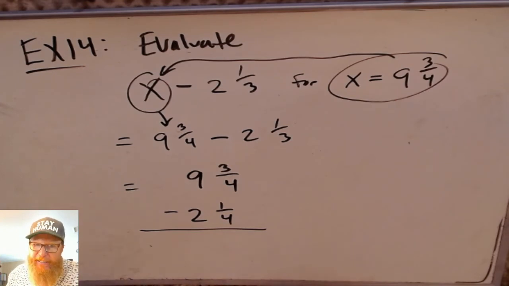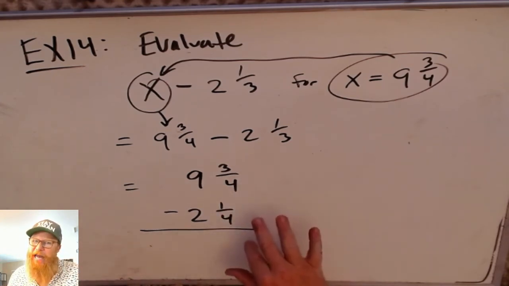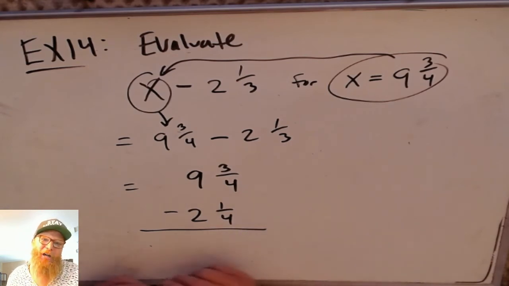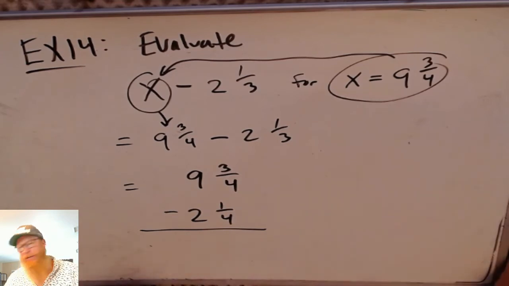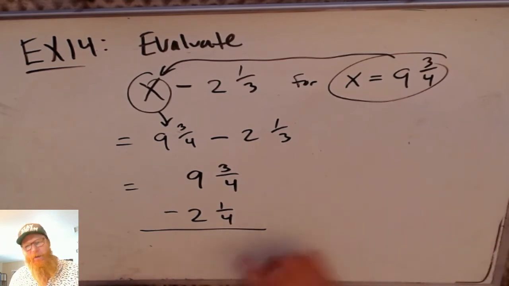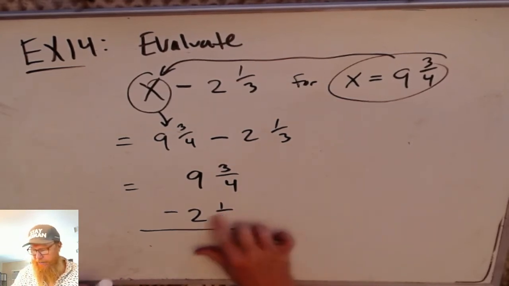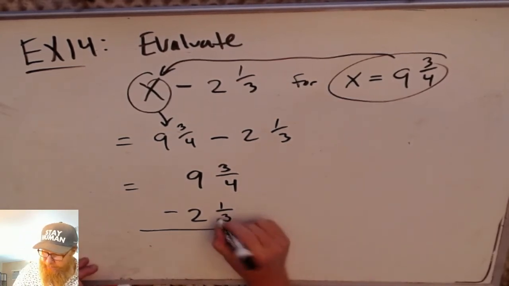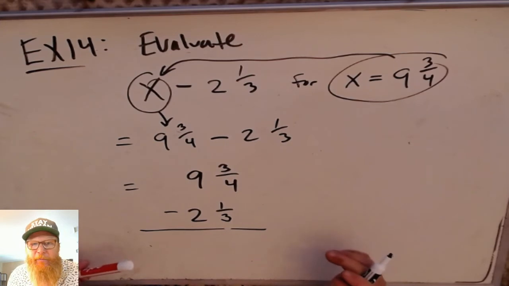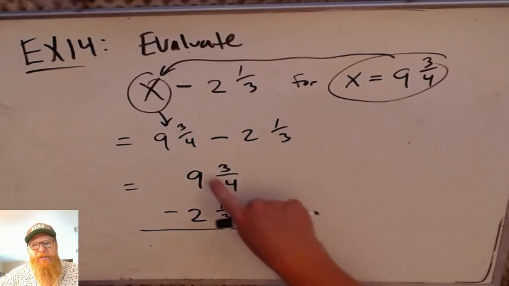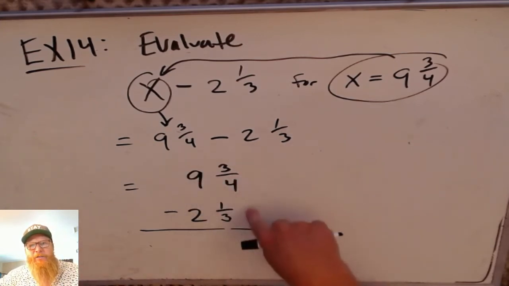If you're good at guessing, take a guess right now. What do you think it is? This one's pretty tough to guess, but you might as well give it a shot. If you think you know, scribble it down over here and see if you get what you thought. Oh, and make sure you wrote it down correctly. Look at, somebody almost got extra credit there. Somebody's probably already emailing me right now, but I fixed it. Okay, so it's 9 3/4 minus 2 1/3.